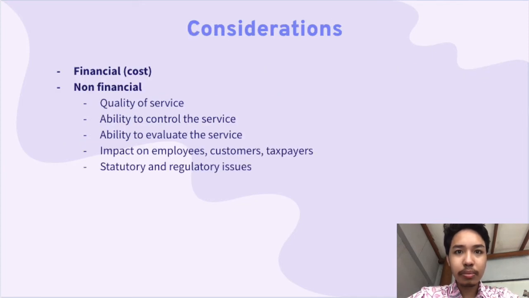To decide between making or buying, the chapter uses cost analysis. Other than cost, quality of the service, government's ability to control the service, government's ability to evaluate the service, the impact on government employees, customers, and taxpayers, and statutory and regulatory issues should be considered.